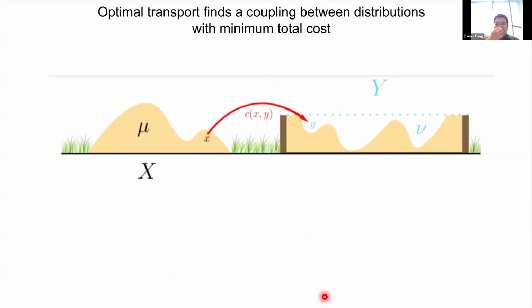Okay, so let me give a brief intuition of what optimal transport is doing. I think it's helpful to think about optimal transport as a generalization of pairwise approaches.